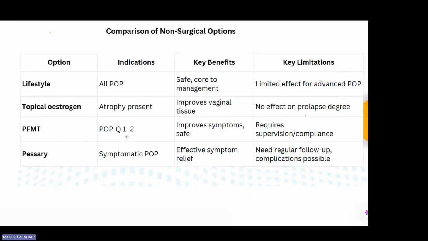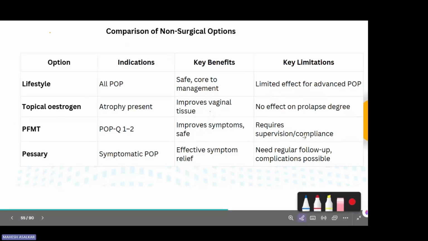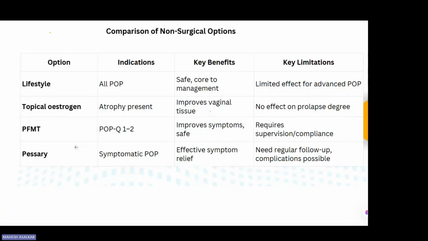PFMT for stage 1 and 2 improves the symptoms, it is safe, but it requires supervision and compliance. So this supervision is going to be very, very important. These are the supervised pelvic floor muscle training. Okay. Then pessary: symptomatic POP is the indication for pessary. It is effective for symptom relief, needs regular follow-up, and complications are possible with the pessary.